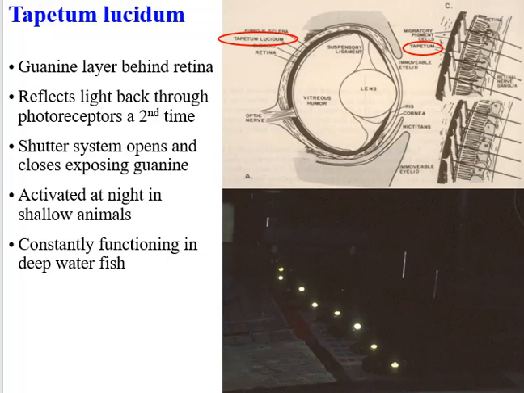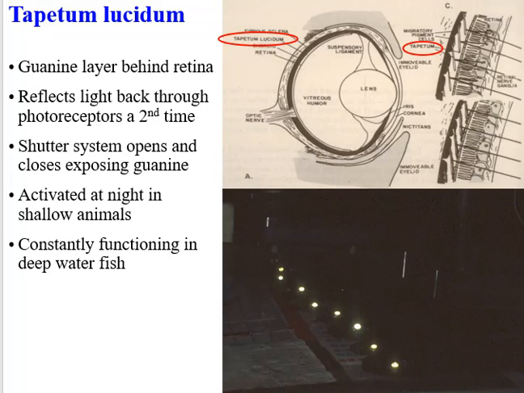But how this works is that behind the retina, behind all those photoreceptors, the rods and cones, there's this layer of guanine called the tapetum lucidum. In these terrestrial organisms like cats and raccoons and alligators, there are these little shutters that can open and close. At night they're open so that light passes through the shutters and hits the tapetum lucidum. That reflects the light back through those photoreceptors, back through those rods.